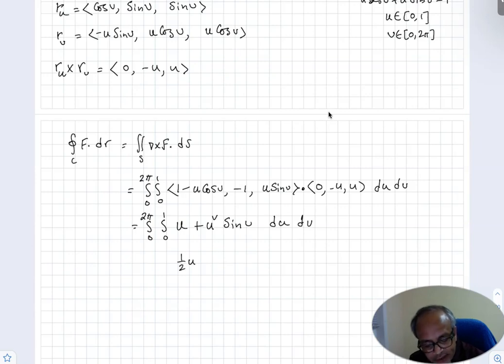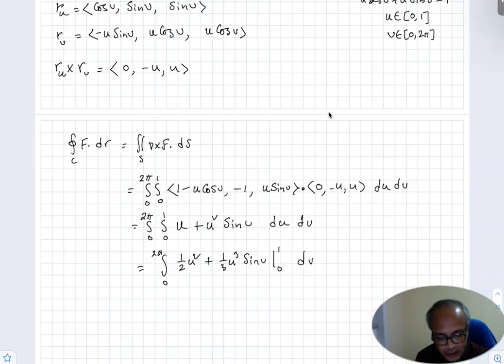So half u squared plus 1/3 u cubed sin v, where sin v stays as is. The limit is from 0 to 1, and you still have to integrate from 0 to 2 pi. Good enough. Now you substitute 1 for u.